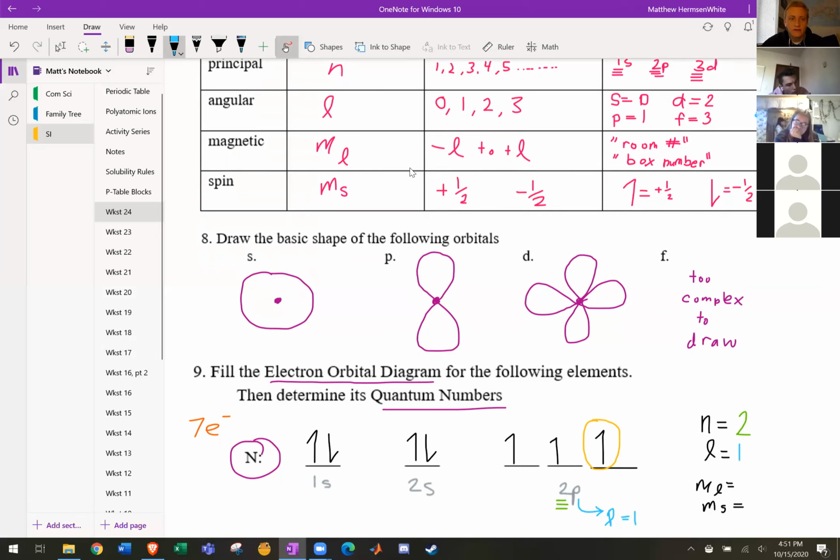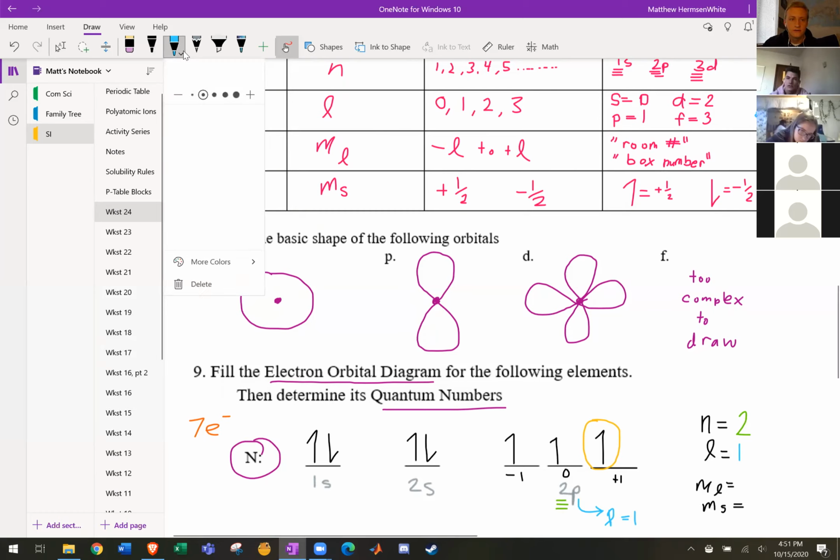The ML is a range based on negative L to positive L. So in this case, it would be -1, 0, and +1, where the -1, 0, and +1 represent the boxes that have arrows in them. The last arrow is in the +1 box.